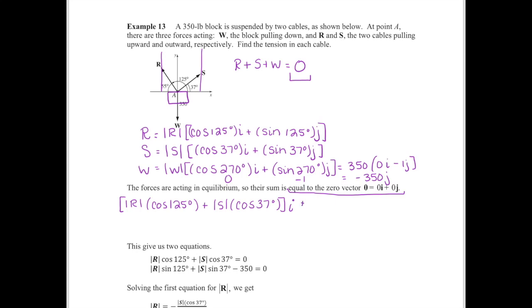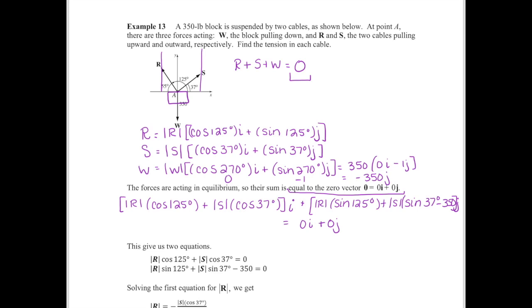Now adding my J values together, we have the magnitude of R times sine of 125 degrees plus the magnitude of S times sine 37 degrees minus 350j. All of this has to equal 0I plus 0j for it to balance out.